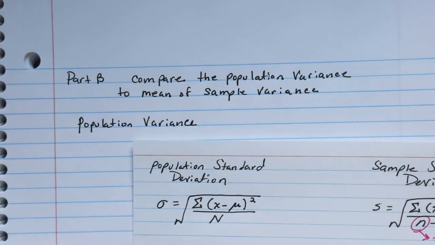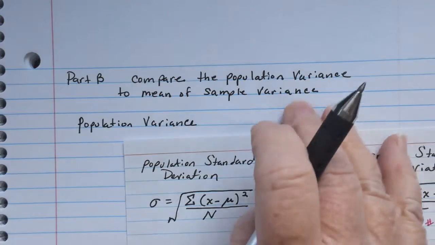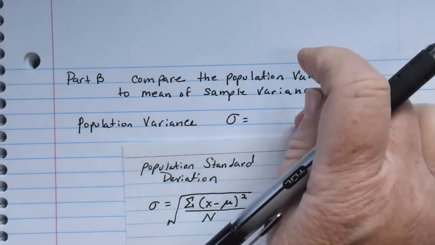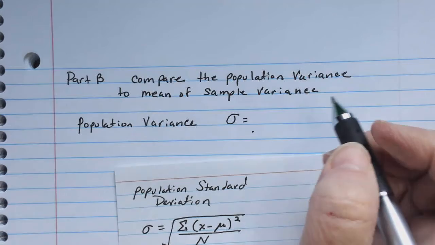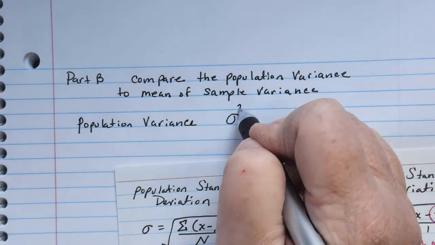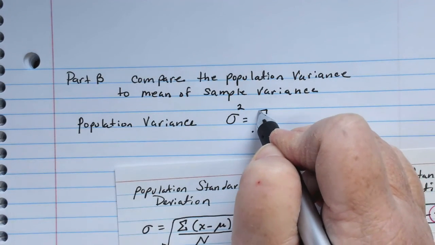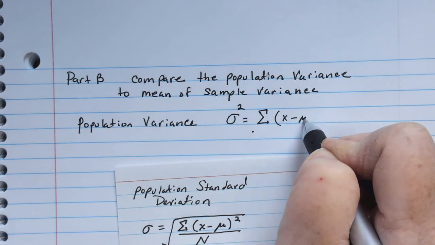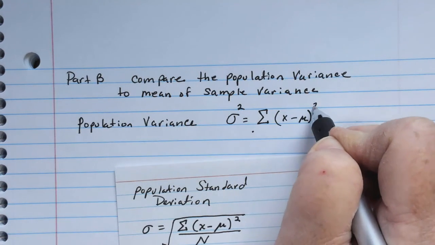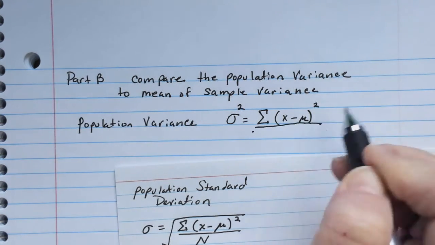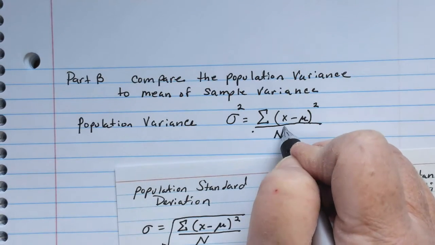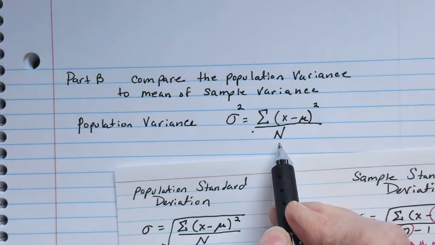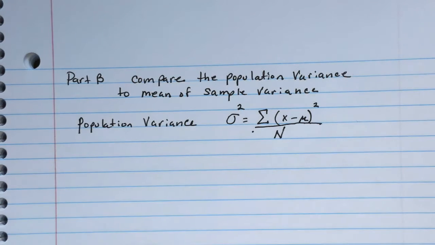Recall your formula, very similar to the sample variance, but it's this. We're going to sum up our values minus our mu. Mu represents the mean of the actual population, divided by n, the n being the population size. Okay.